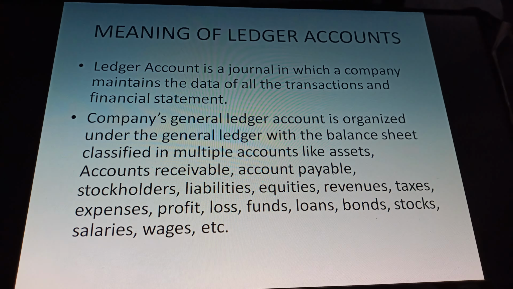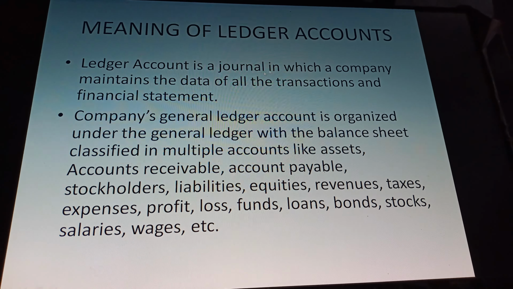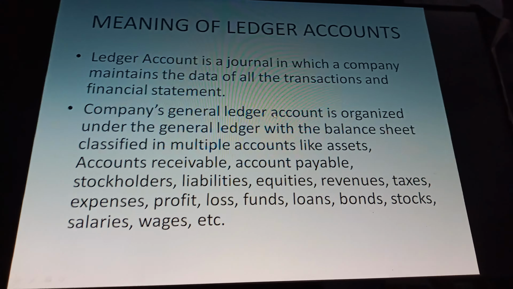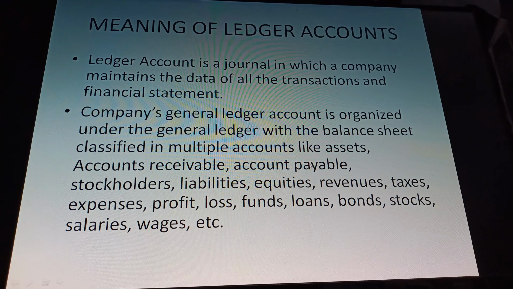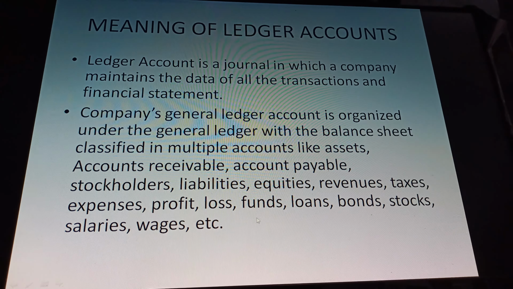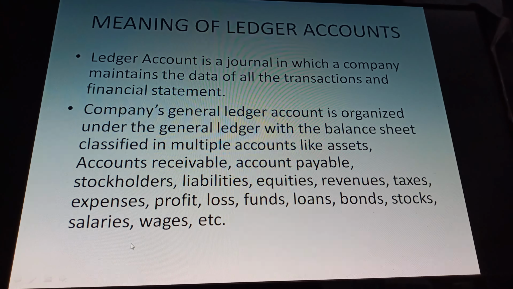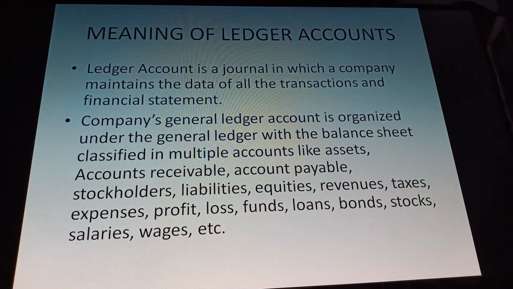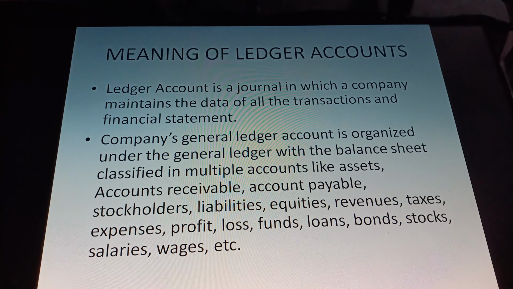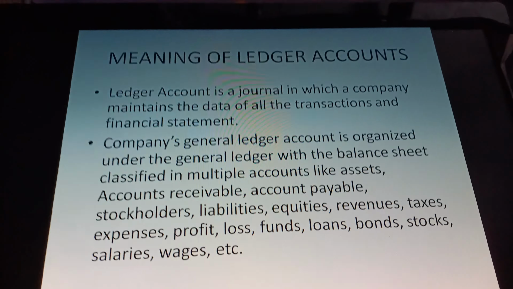A company's general ledger account is organized under the general ledger, with the balance sheet classified into multiple accounts like assets, accounts receivable, accounts payable, stockholders' equity, liabilities, revenue, taxes, expenses, profit, losses, funds, loans, bonds, stock, salaries and wages, etc. So these are the types of ledger accounts generally we will prepare. It will record all the transactions which we have passed in the journal entries. In the further class, I will explain how we will transfer the entries to the ledger account.